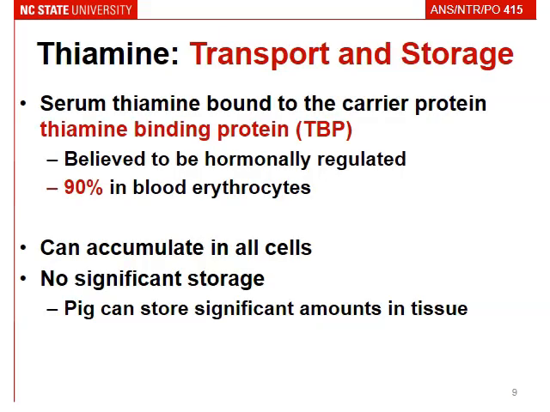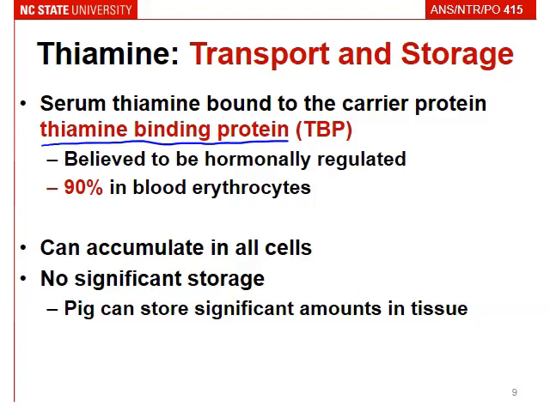Once thiamine enters the blood, it binds a carrier protein, and surprise, surprise, we're very creative, this is referred to as thiamine binding protein, or TBP. It's believed to be hormonally regulated, and about 90% of it is found in the blood erythrocytes. Our thiamine can accumulate in all the cells.